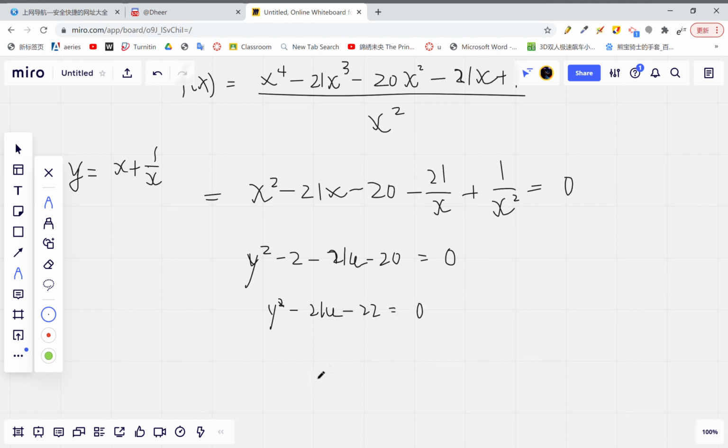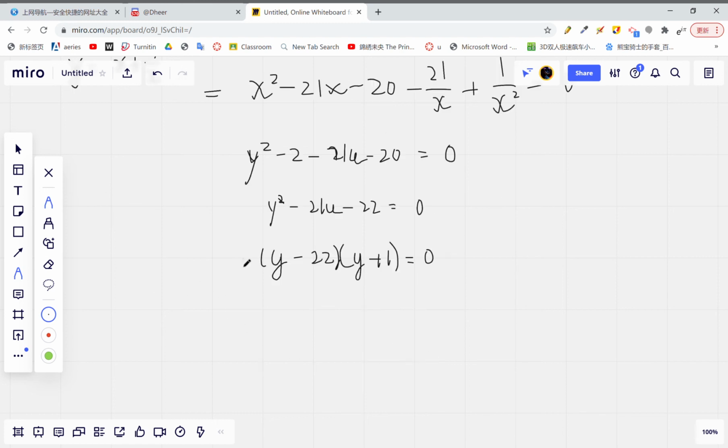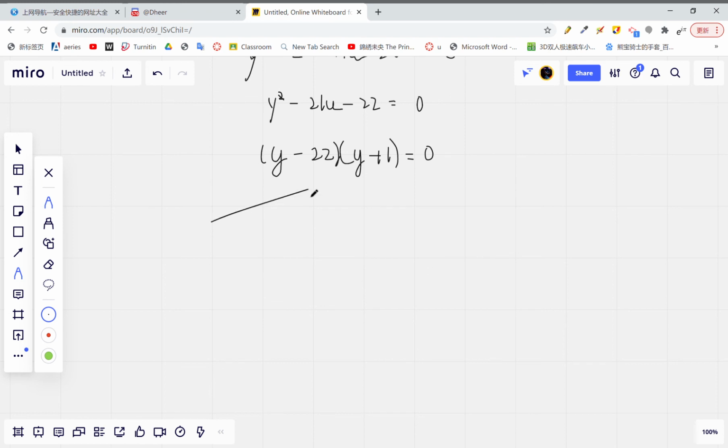We factor this, we get y minus 22 times y plus 1 is equal to 0. And y is the value of this. So then we're going to separate this. The first case is x plus 1 over x equal to 22.